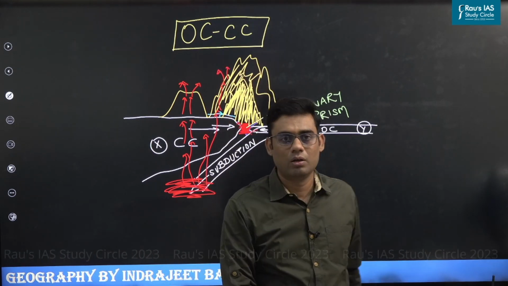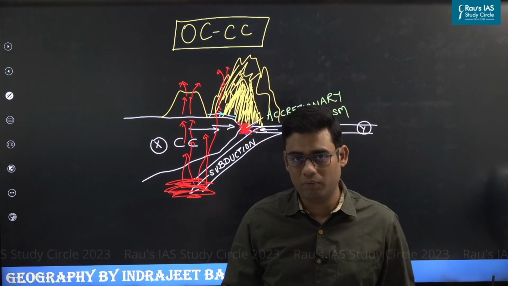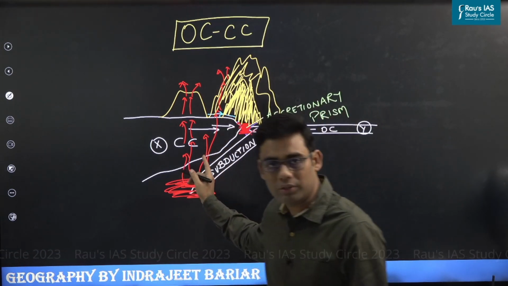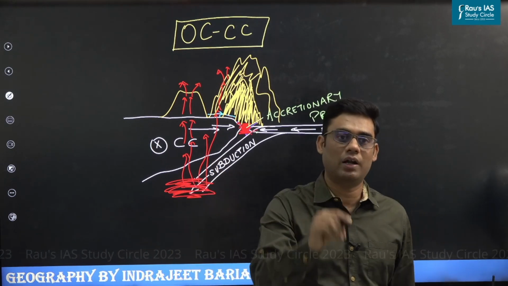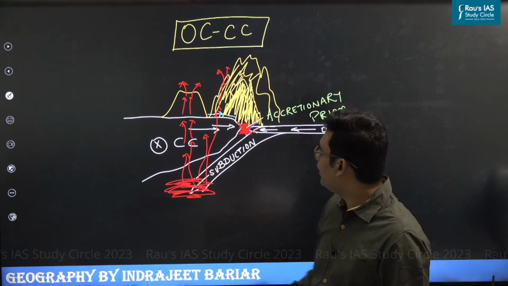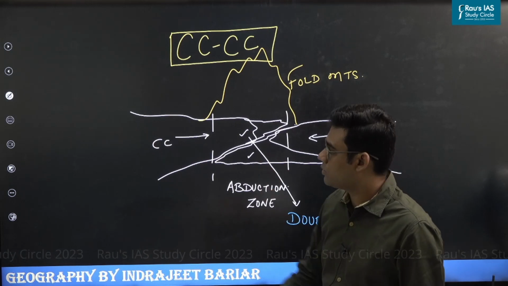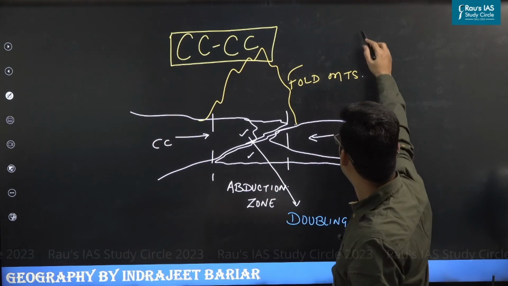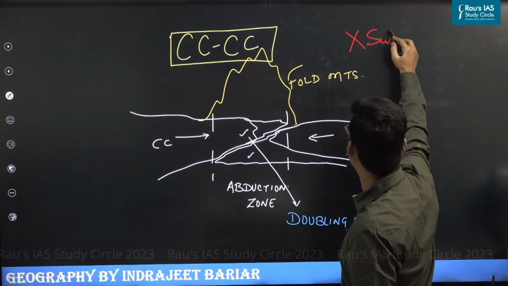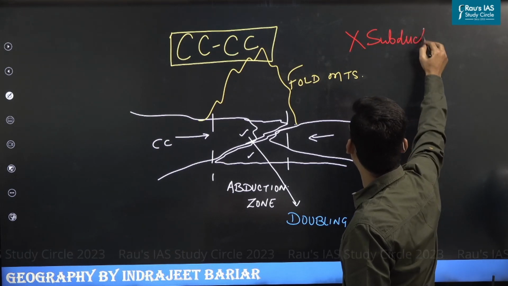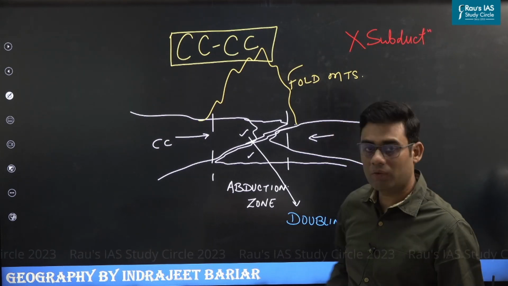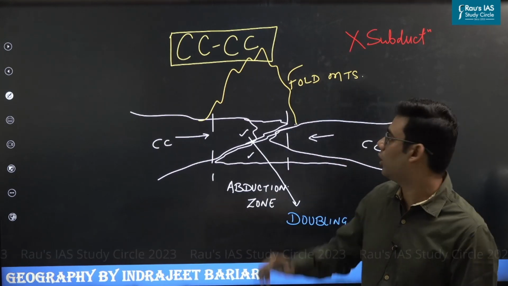Any fold mountain formed due to OCCC convergence will exhibit volcanism, whereas in the case of CCCC convergence there is no subduction. No subduction means no magma formation and hence no volcanism.